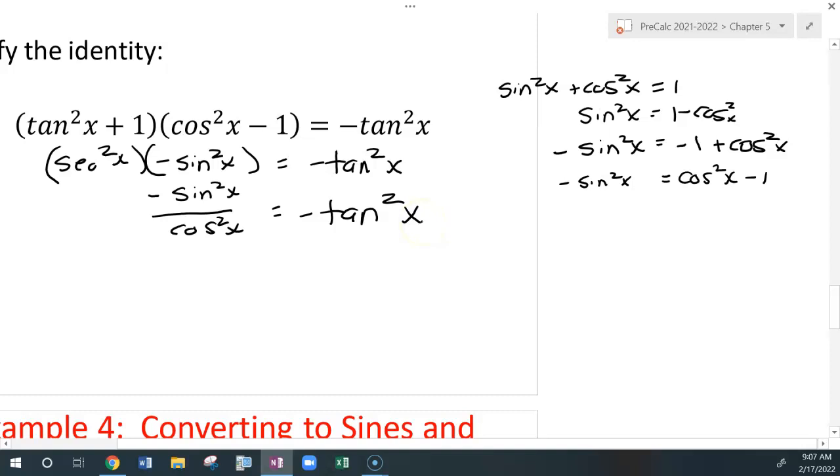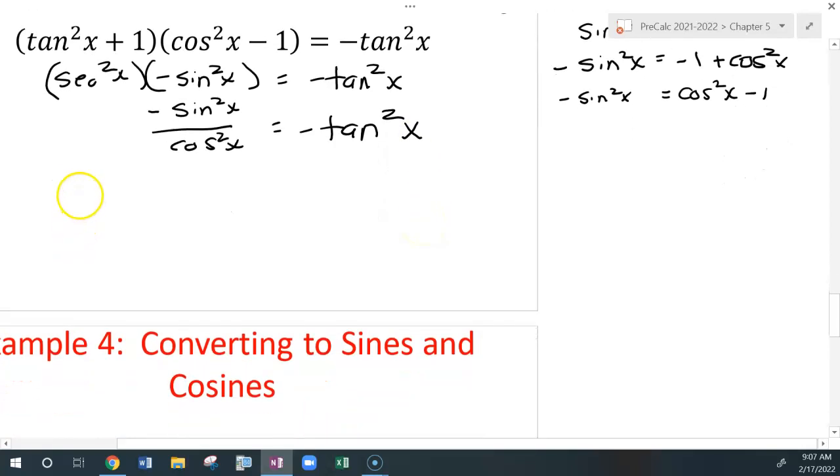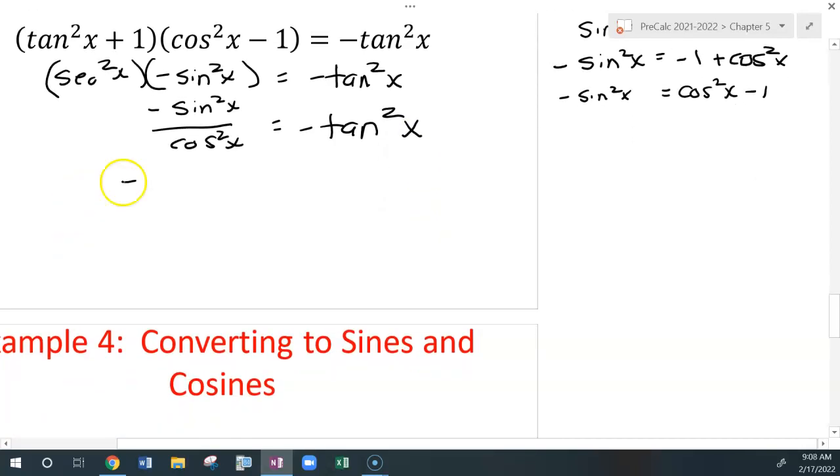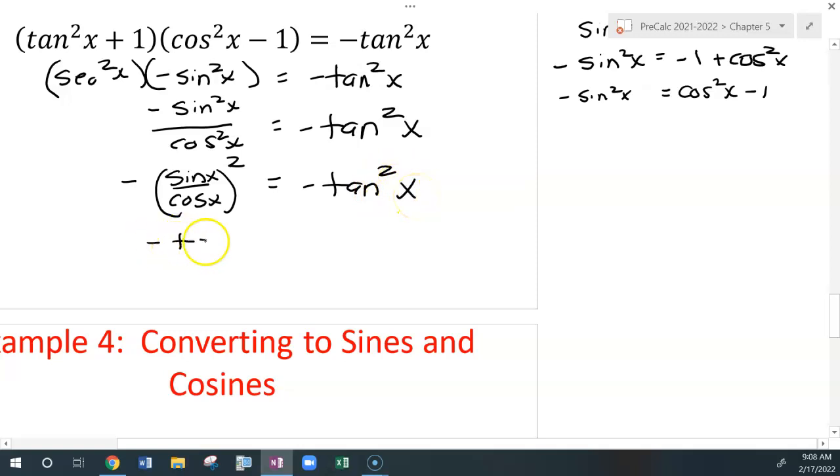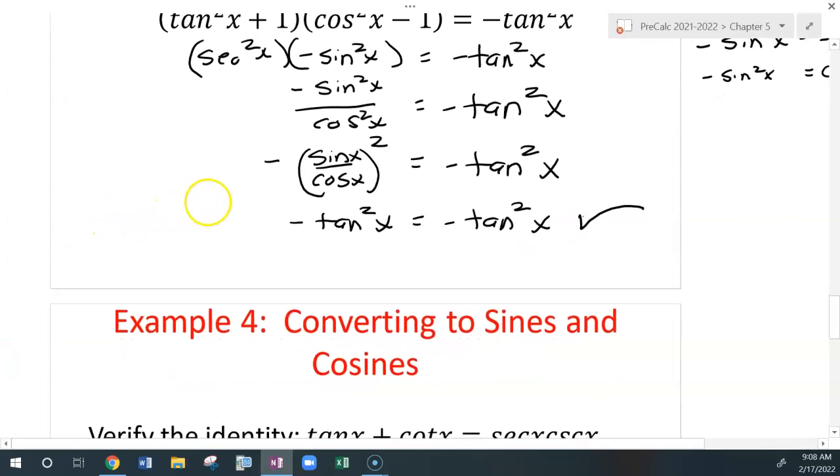And reminder, tangent is sine over cosine. So I have a negative sine x over cosine x, this whole thing is squared. So negative tangent squared of x equals negative tangent squared of x. So check, that one's done.